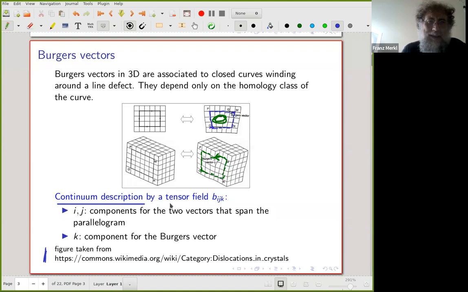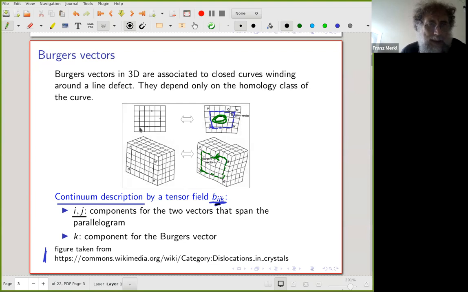So we describe the Burgers vector by a Burgers vector density, which is a tensor field, B like Burgers, and I, J, and K are directions 1, 2, or 3 in three-dimensional space, where the first two components, the I and the J, describe the directions that we use for our closed curve, say a parallelogram going around a region in space.